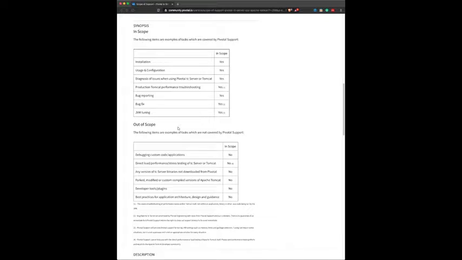Lastly, this one falls under the out of scope category. We support performance issues, we support customers that are having them, but we're not supporting customers that are going out with the intent of performance or stress testing TC Server or Tomcat itself.